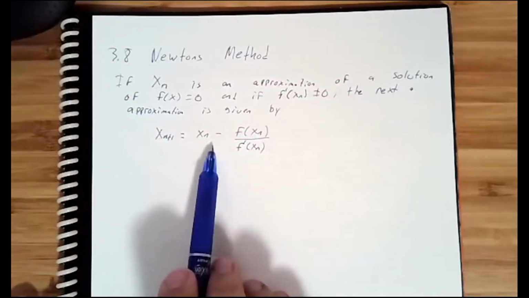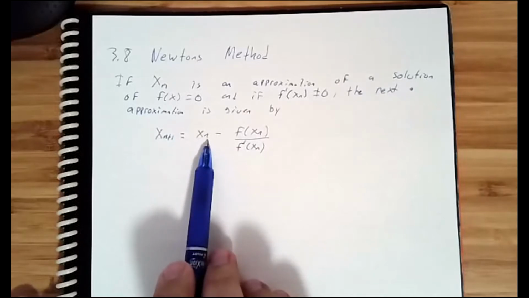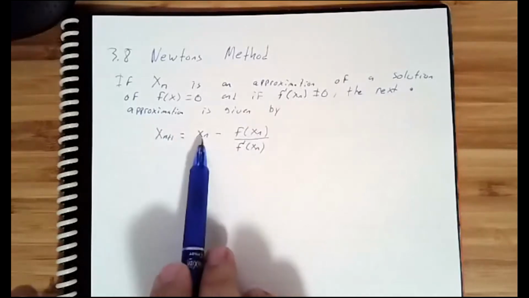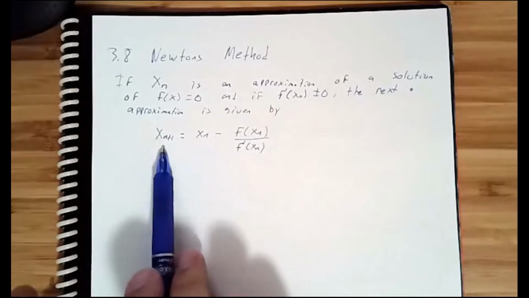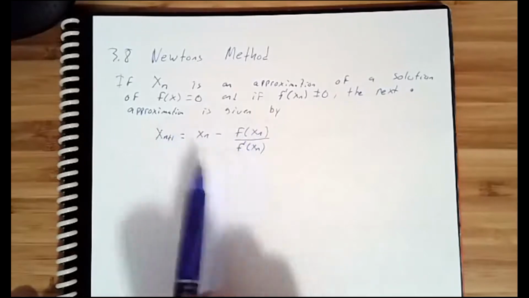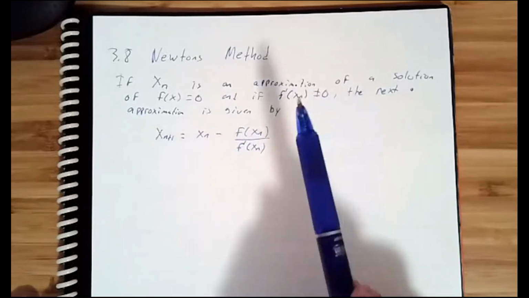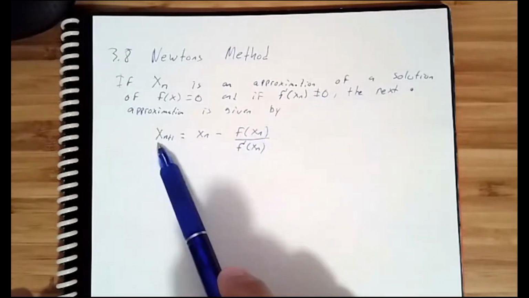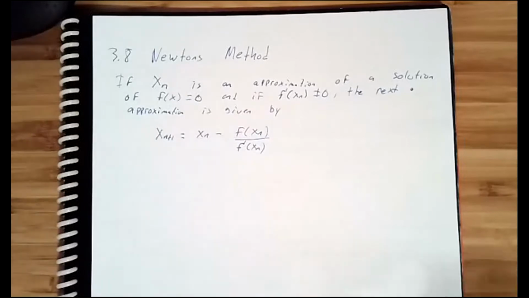So if this is the 0th term, then this is the first term. If this is the first term, then this is the second term. So you keep doing it over and over again in a loop until this formula converges to the 0.